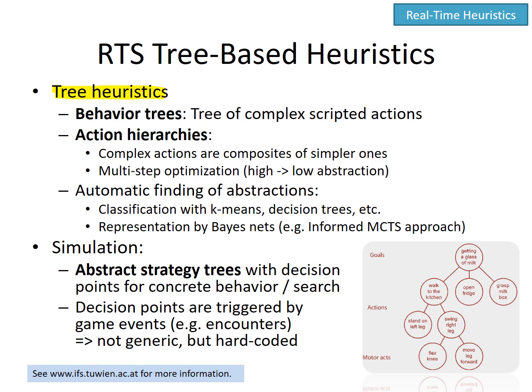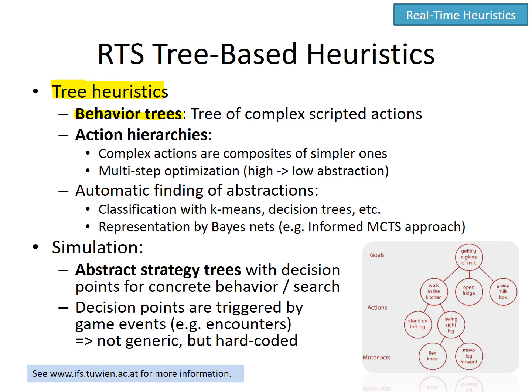Some of them concern only the search tree optimization. I already said that somehow we have to abstract actions. One fundamental thing that is done in real-time gaming is that so-called behavior trees are employed.